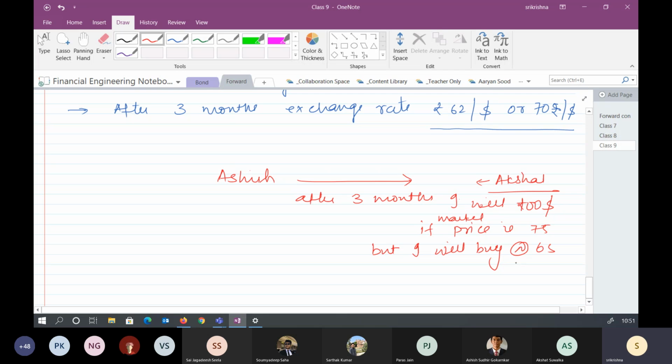So I'm defining my price, and I'm also giving a condition that I'll come to you when the market price is 75. If it is 62, I will not come to you, rather I'll go to the market and buy from the market. This is something called an option.